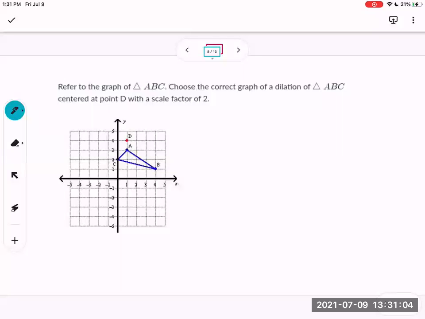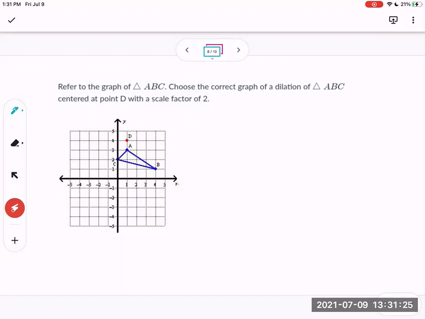Kind of confused. Okay, so it says refer to this, choose the correct graph of a dilation of ABC centered at point D. There's point D up here with the scale factor of 2. So here's what that means.